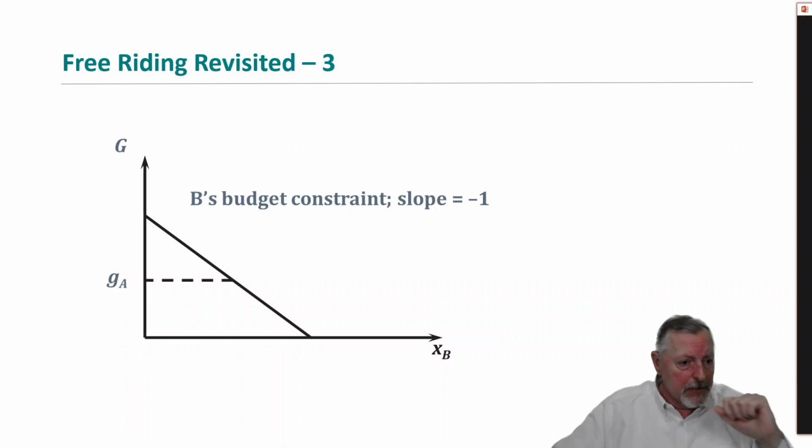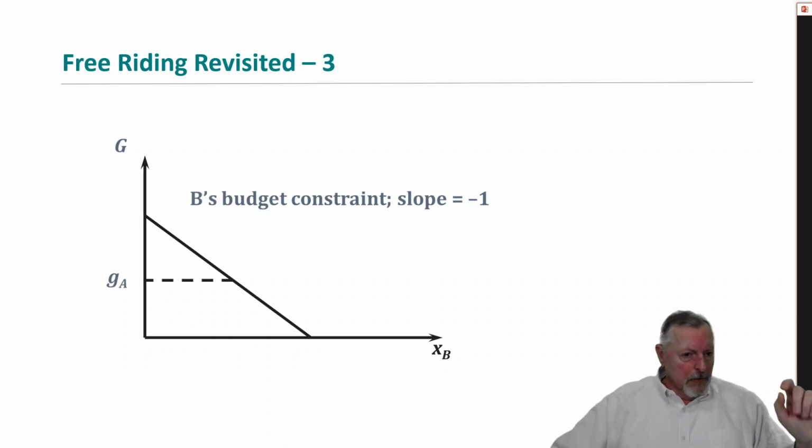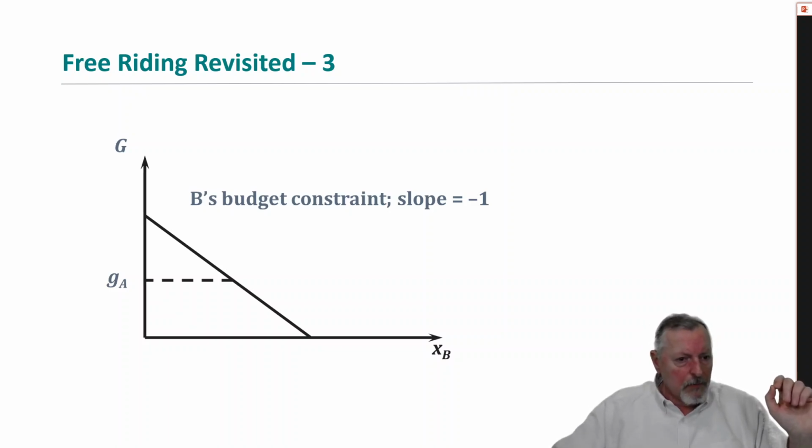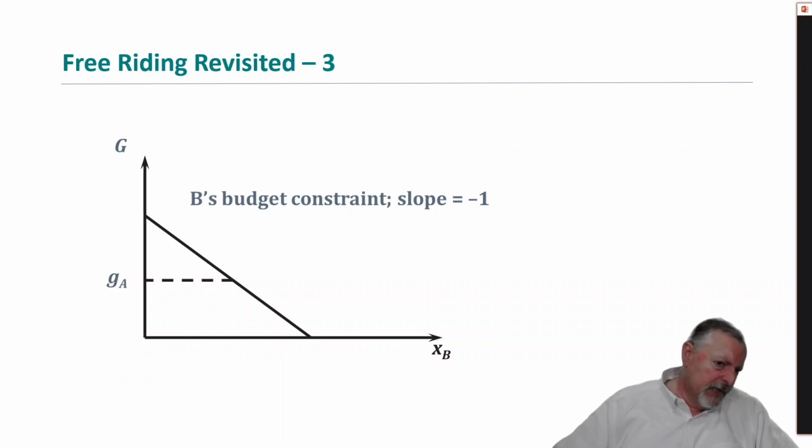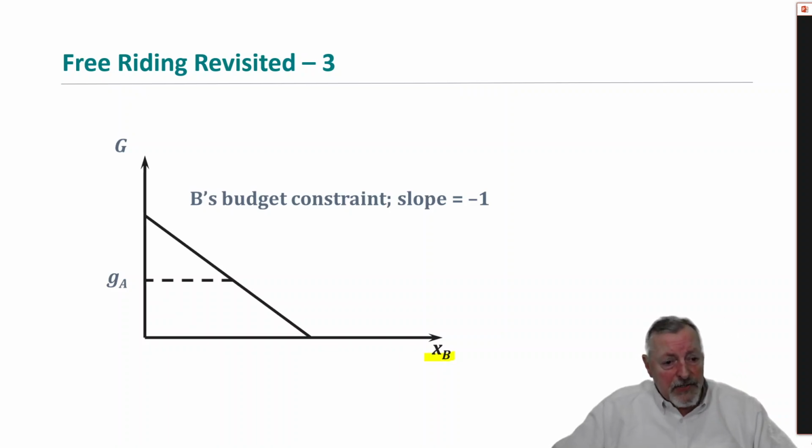Now, this is it graphically. This is the budget constraint for person B. The slope is -1 because we're assuming that the price of a unit of consumption on a private good is 1, and the price of buying $1 worth of public good is also 1. Simplifies matters.